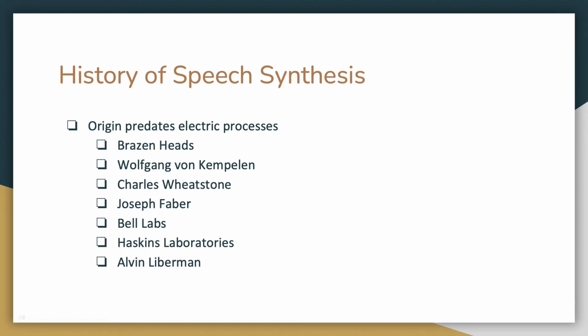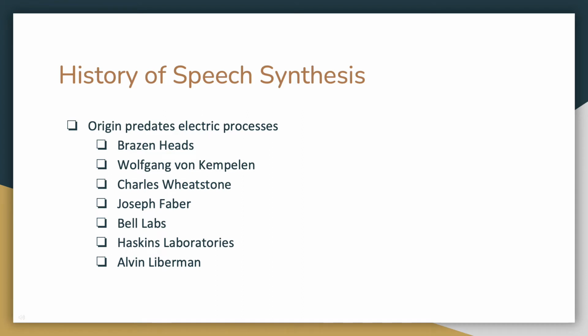In 1779, Christian Gottlieb Krassenstein built a model of a vocal tract that was able to produce vowel sounds. In a 1791 paper, Wolfgang von Kempelen described a creation that utilized bellows and paper to make sounds of speech. Von Kempelen's creation was later used as a muse for Charles Wheatstone's 1837 creation.